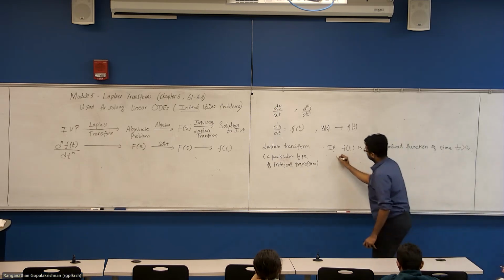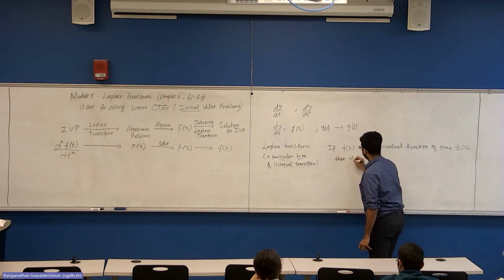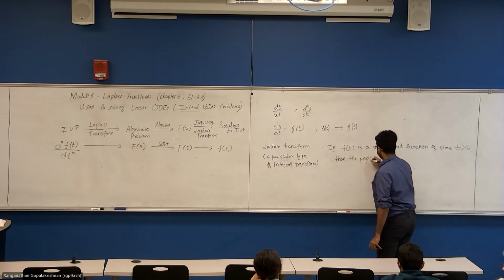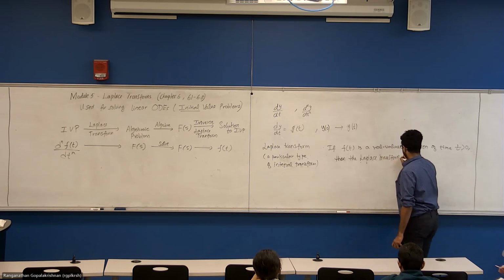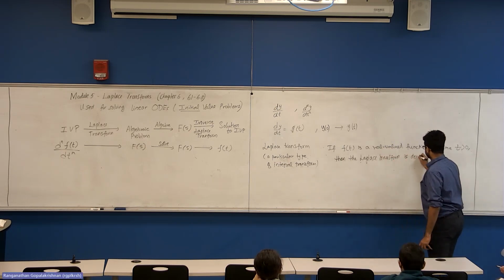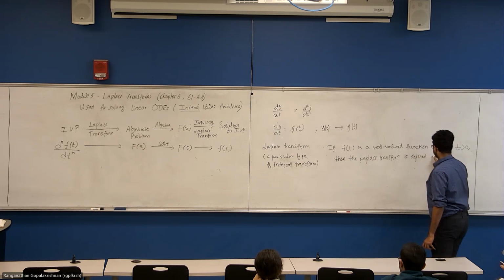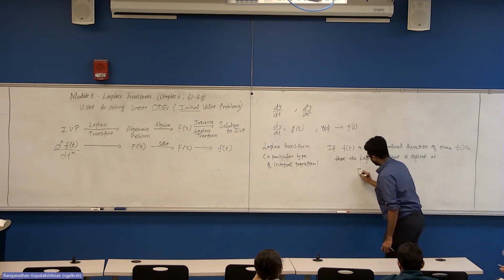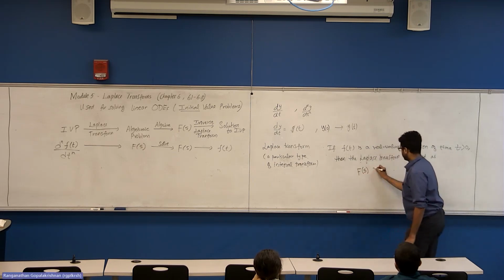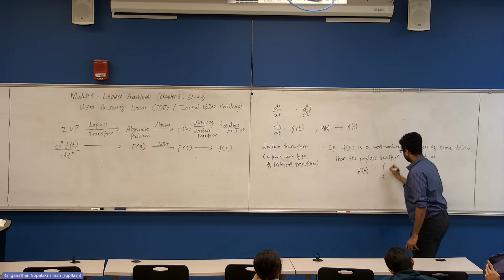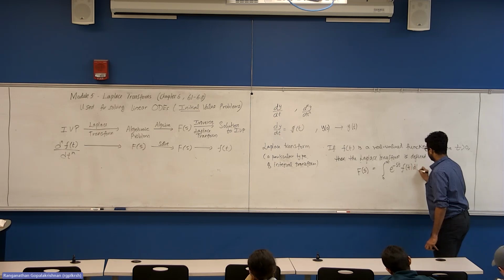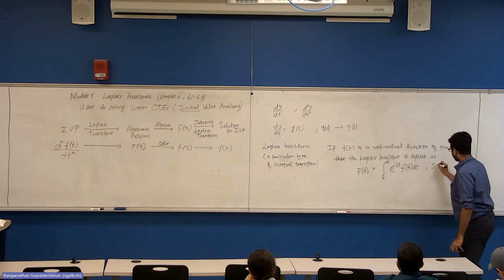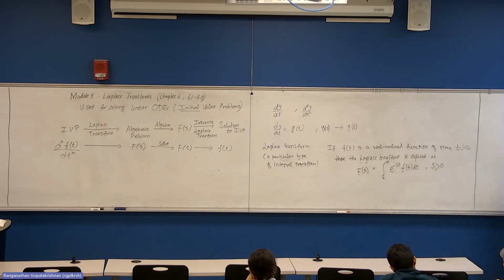Then the Laplace transform is defined as, we'll write it uppercase F of s equal to the integral from 0 to infinity of e power minus st f of t dt, where s is a parameter which is always positive.